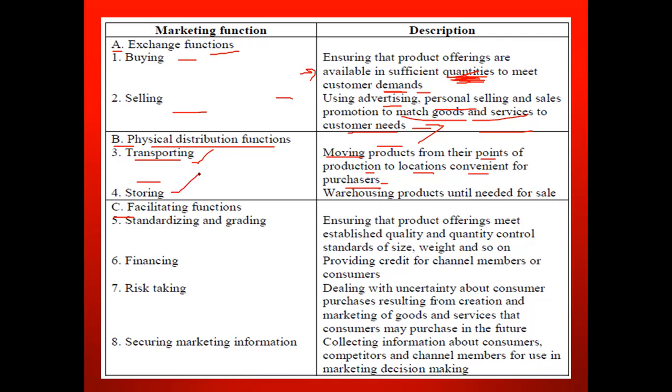Next is storing of the materials. Once we get the raw materials, the semi-finished goods, and the final products, how are we storing them? We store them in warehouses until needed for sale.